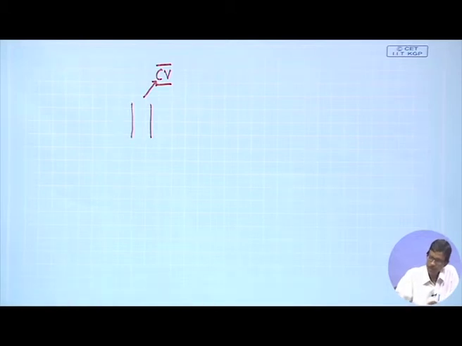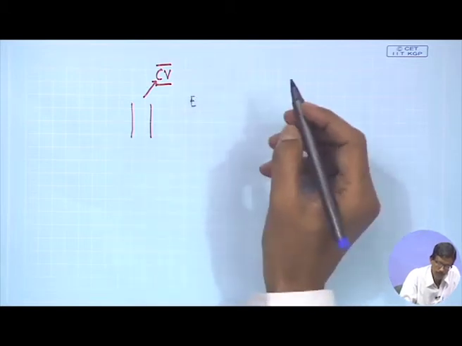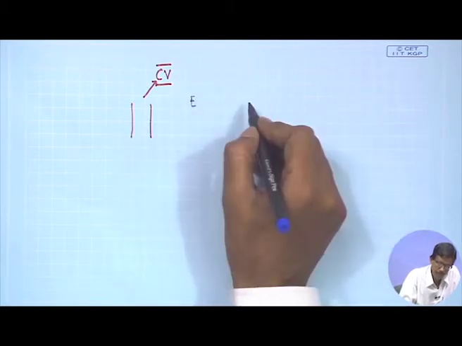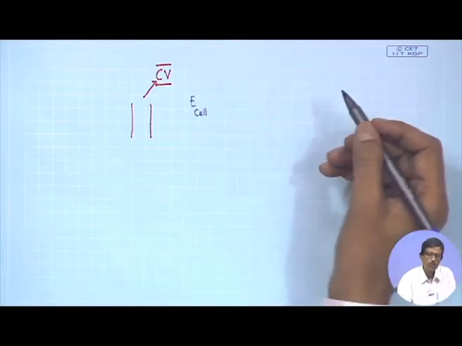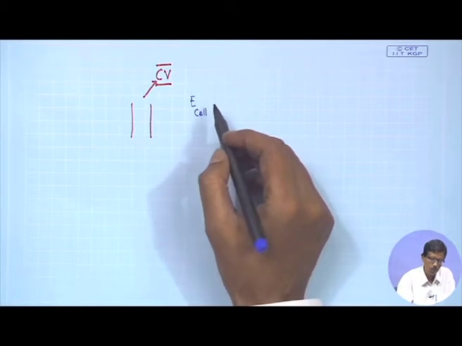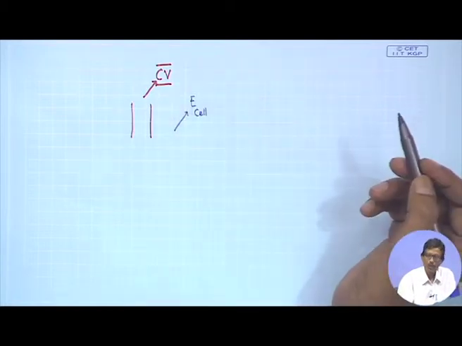So, one is cathode and one is anode, and we know that E right minus E left will give you the corresponding potential for the E cell. These were all very useful for your potentiometric measurements when we measure the E values.